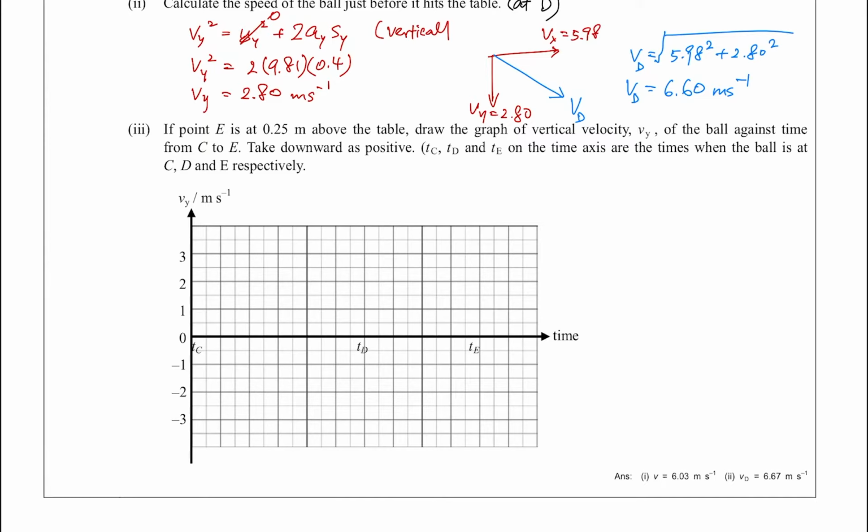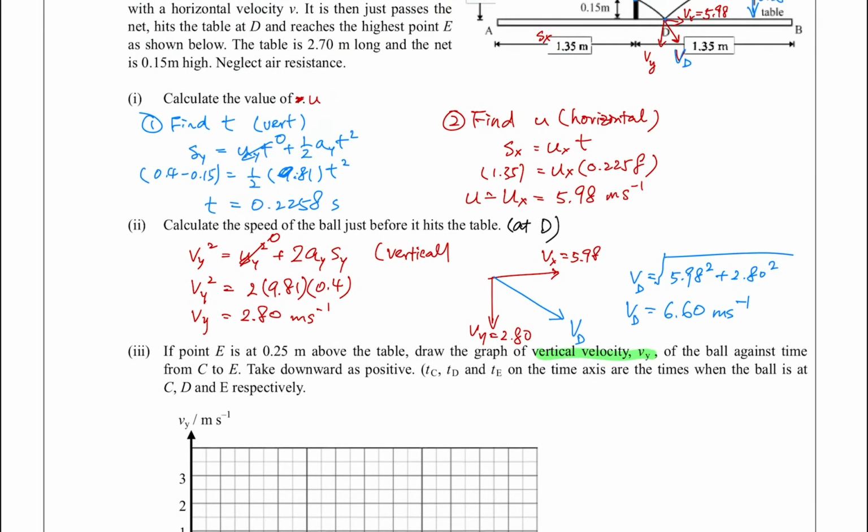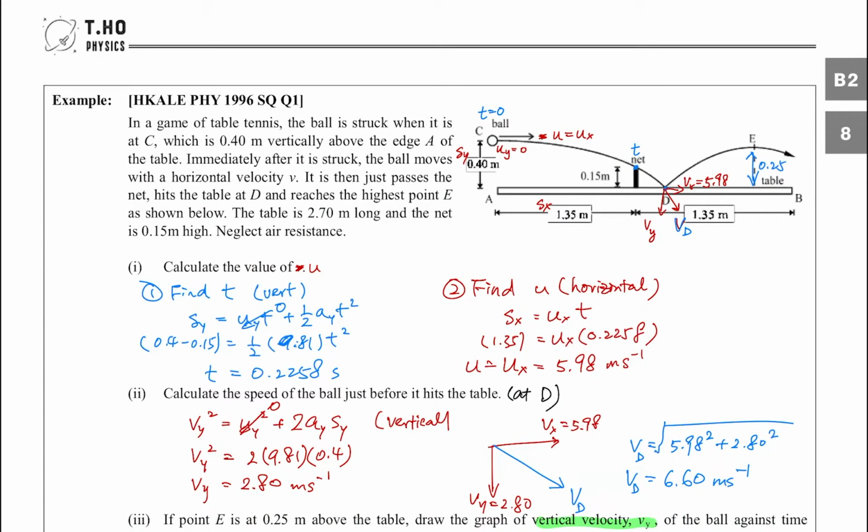You are asked to draw the graph of vertical velocity Vy of the ball against time from C to E. Take downwards as positive. Now, TC, TD, and TE are the times when the ball is at C, D, and E respectively. Firstly, let's consider the ball traveling from C to D, and then it rebounds from D to E.